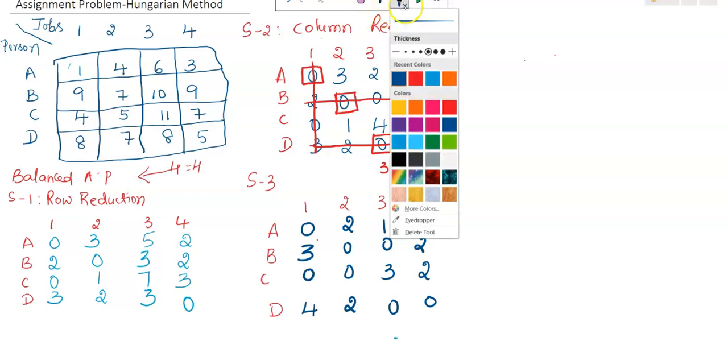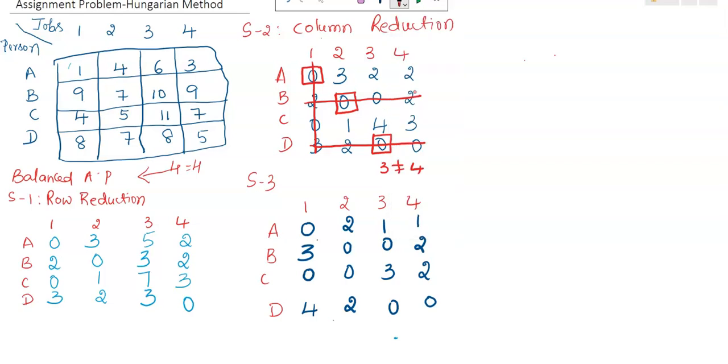The very next is, now we have to proceed with the minimum zeros, doing row scanning and column scanning. First we have to do the row scanning. In the first row we have 1 zero, so strike out the column and come to the second row.